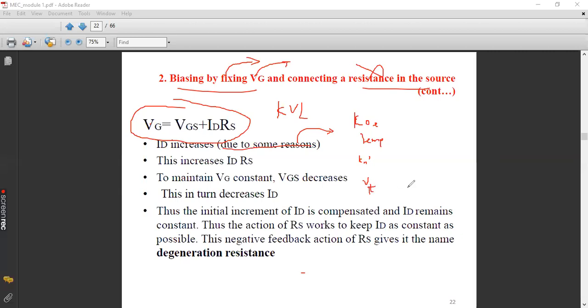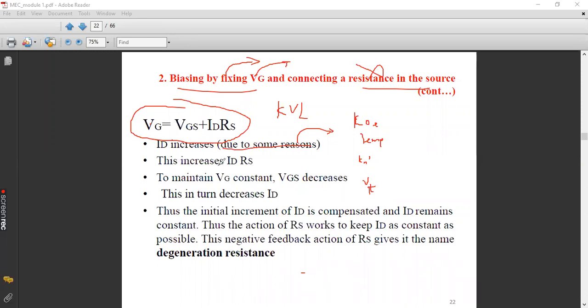Because of all these, ID will get changed for sure. But when ID is trying to increase, we can make ID decrease. By fixing the proper resistance RS, we'll be able to control that change. How that mechanism is going to happen here, I'm explaining now.